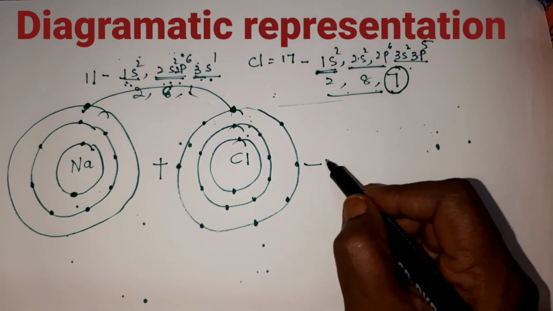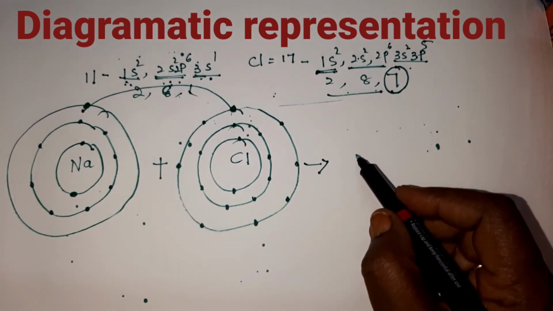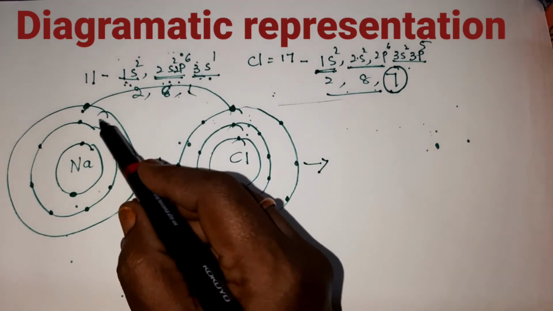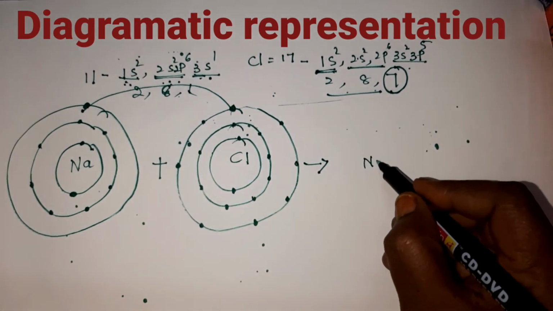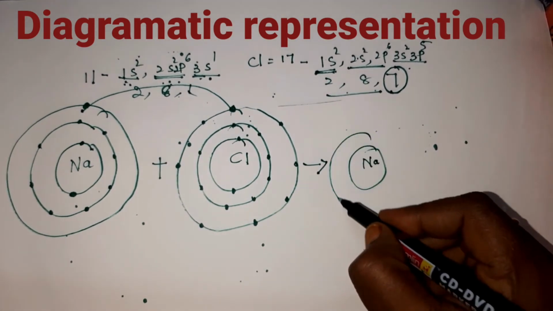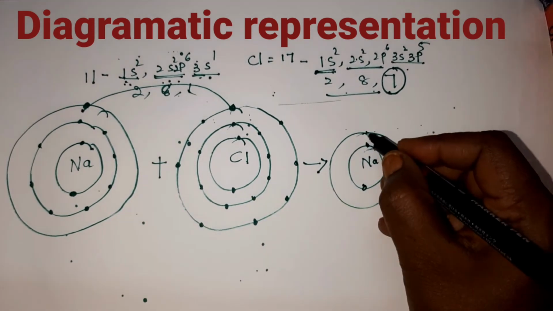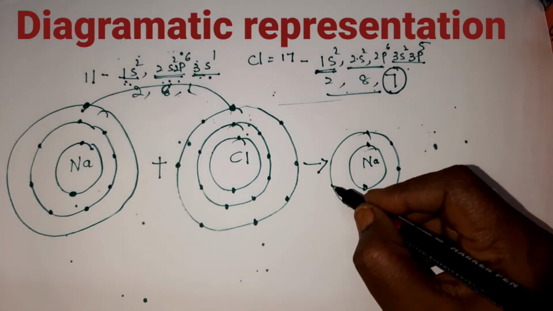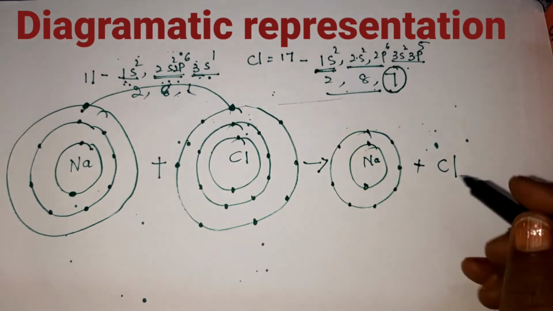So how do you write the sodium chloride ionic bond, children? 1 electron is lost, so you have only 2 shells now. Sodium: first shell, 2 electrons; second shell, 8 electrons. Plus, chlorine will gain an electron.